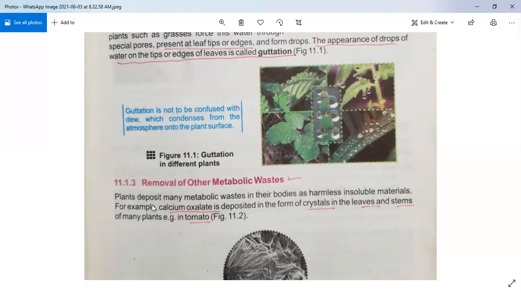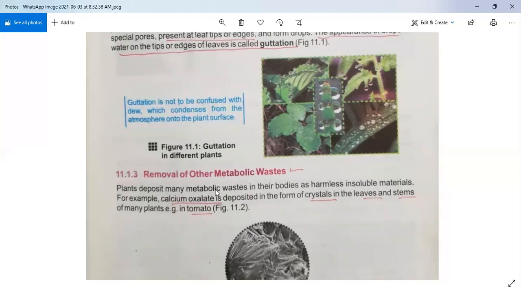Okay, so see the screen. Plants deposit many metabolic wastes in their bodies as harmless insoluble materials. For example, first is calcium oxalate. This is produced in the form of crystals in tomatoes, and it is stored in the leaves and stems of many plants, for example, in tomato.